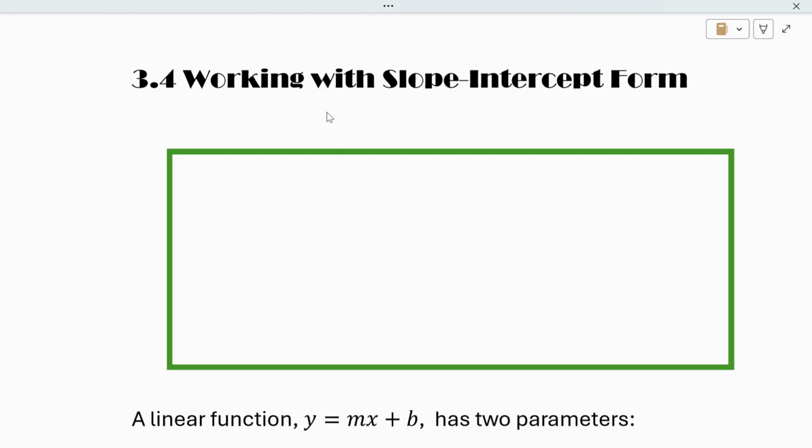So the first thing that we need to start off with lesson 3.4 is our I can statement. So lesson 3.4, working with slope intercept form.